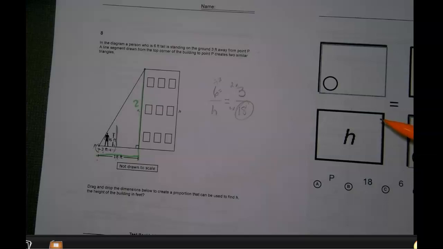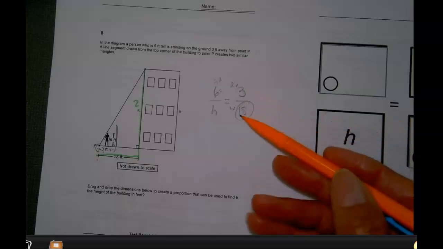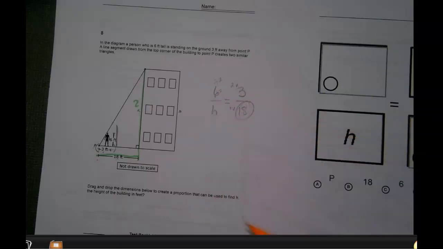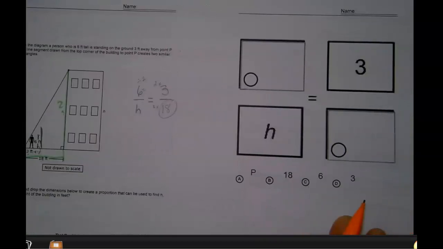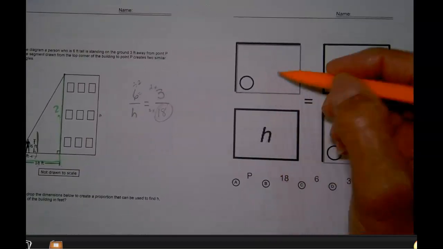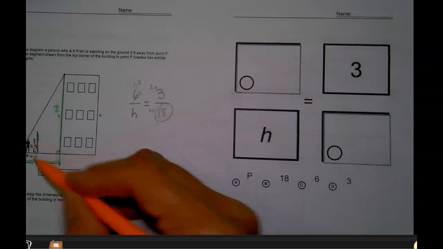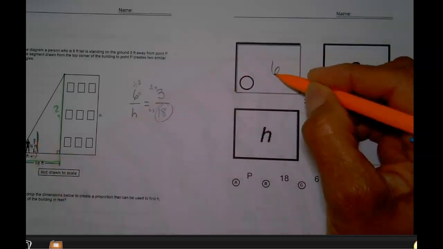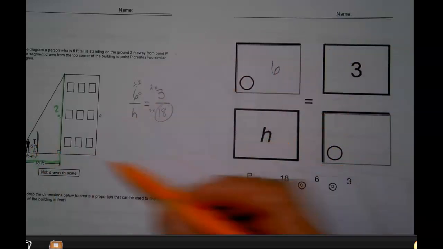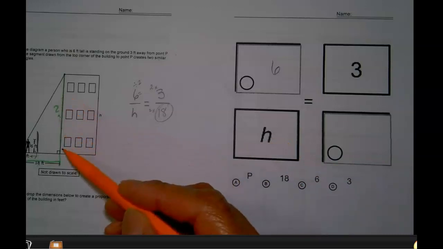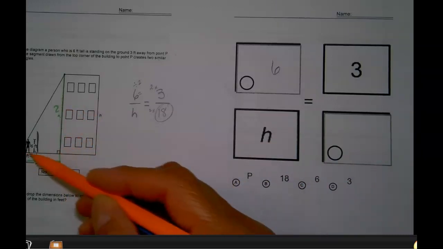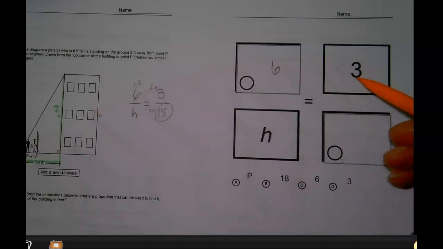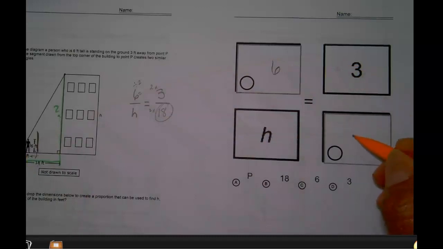So all you had to know was how to compare the similar figures. So putting it in here, we knew that, once again, his height versus the missing height over the ground he stands on to point P, 3, also the ground of the similar figure of 18. And that's all you were doing.